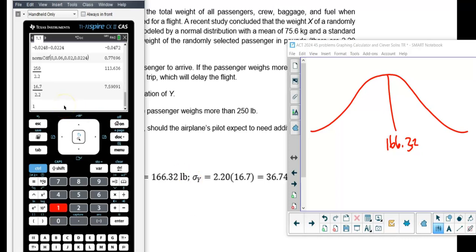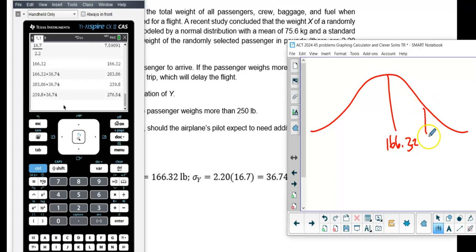So 166.32, press enter, plus 36.74 three times. So we get 203.06, 239.8, and 276.54.